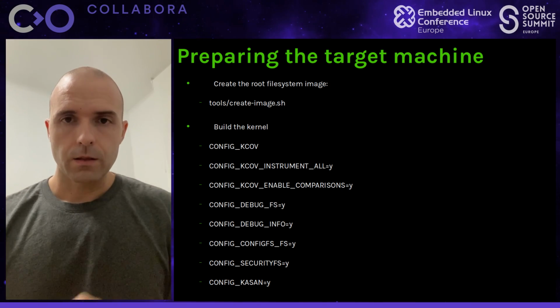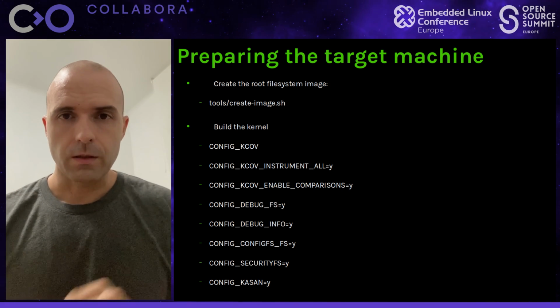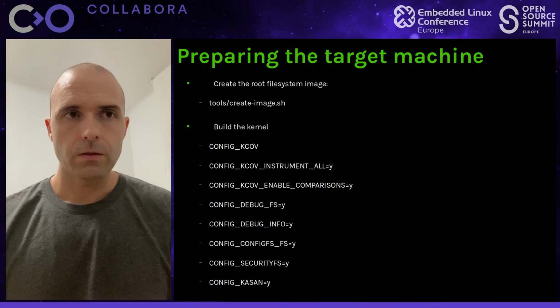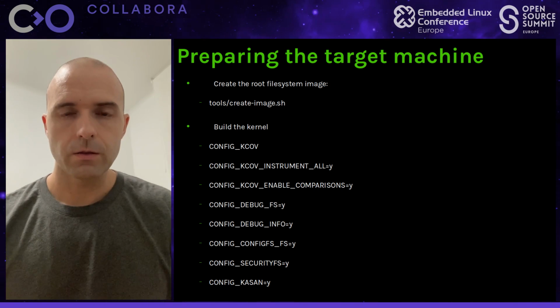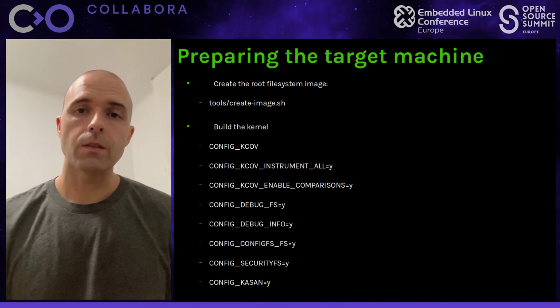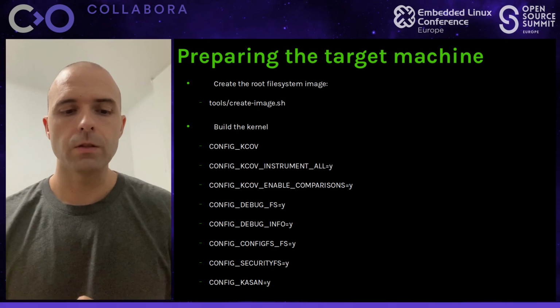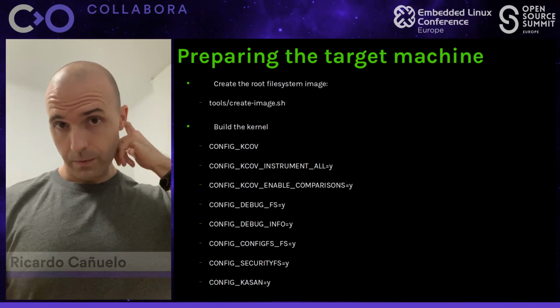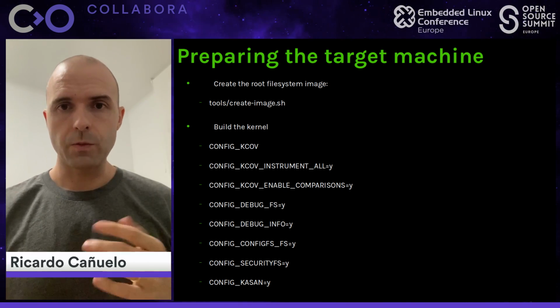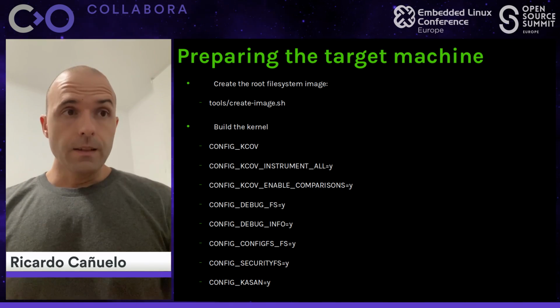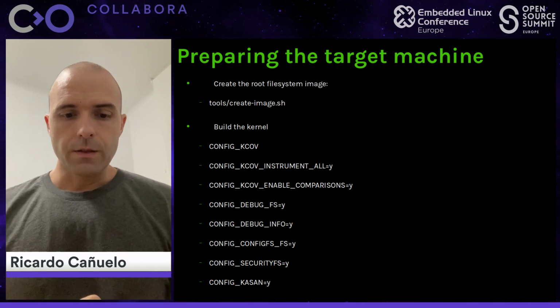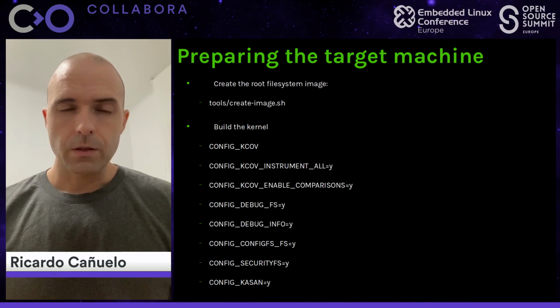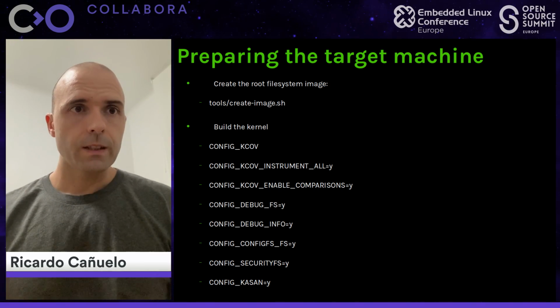As well as, you can enable any other sanitizer that is available in the board architecture or on your target machine that you want to enable for additional checks. Of course, you'll also need to build all the necessary modules. In this case, since we're interested in the Hantro Video for Linux 2 driver, I also enabled it.